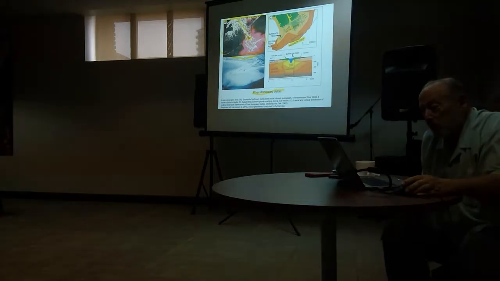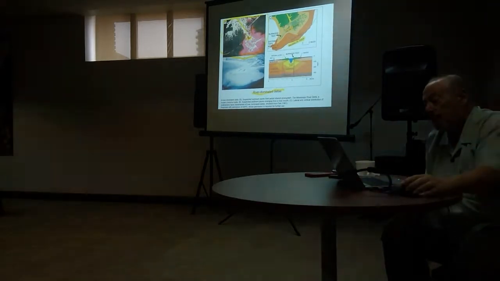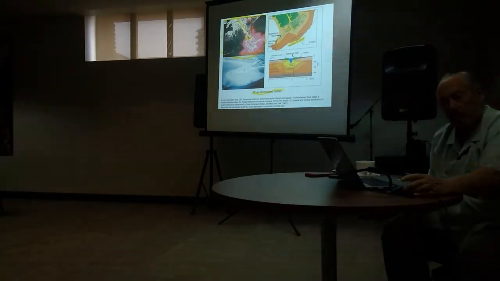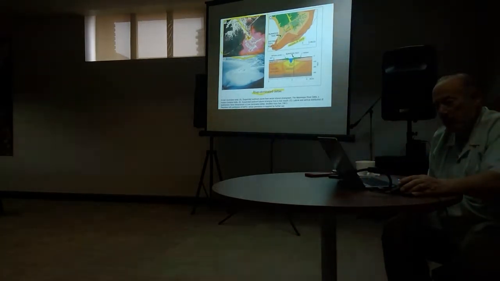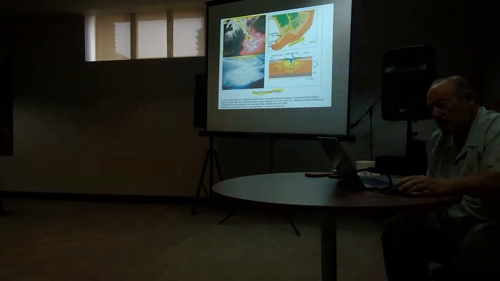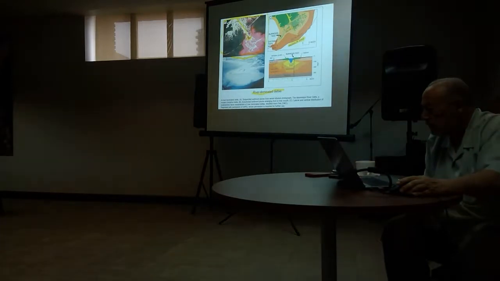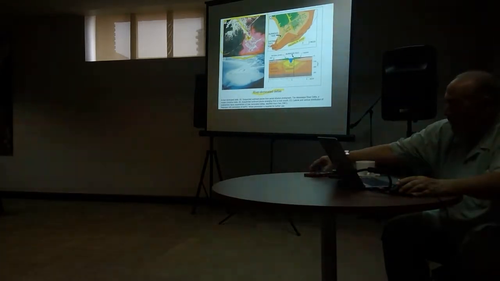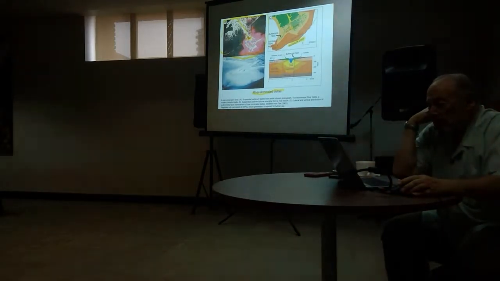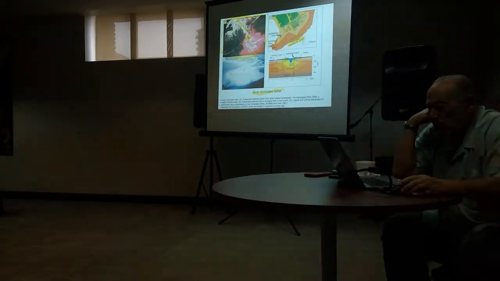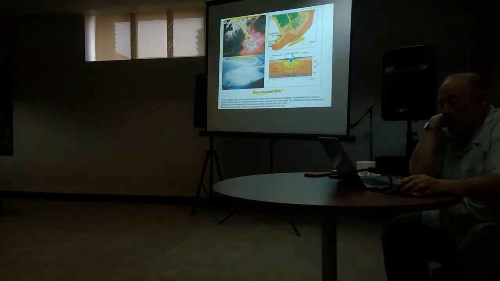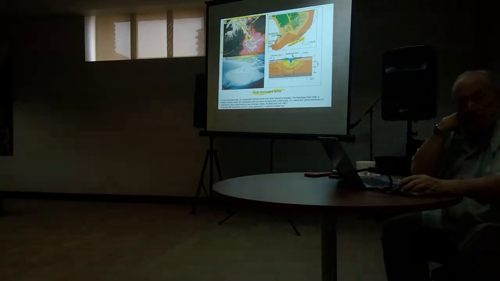If we were to draw a cross-section, well, let me back up. The distribution of sand is very irregular in this sort of environment. You get sand in the channel. And sand also piles up at the mouths of these rivers.